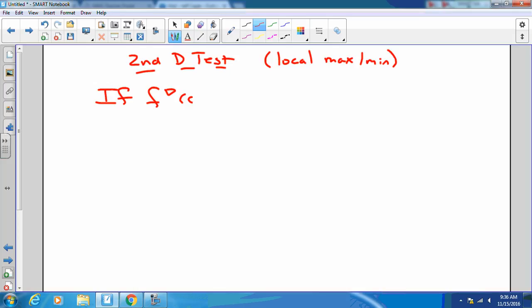Here's the second derivative test. Suppose f prime of c is equal to 0. So we have a critical point, there's our vocab, critical point of the first type, where we have a horizontal tangent. And let's draw two cases.